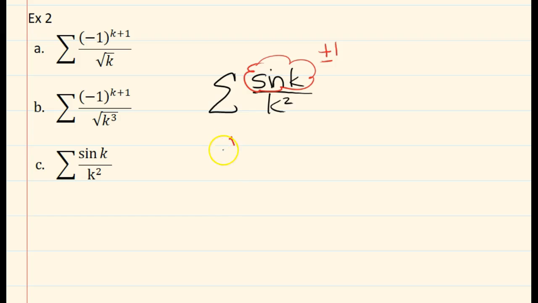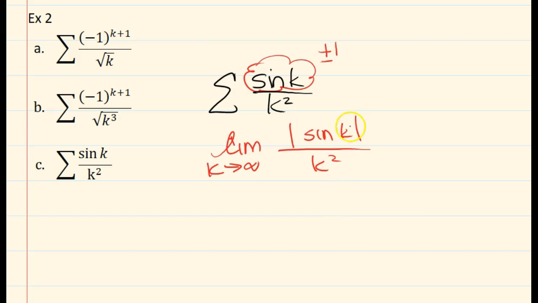So we're going to take the limit as k goes to infinity of the absolute value of sine of k over k squared. Notice what I said: the number on top is going to be some number between -1 and 1, and the one at the bottom is going to be infinity, so that equals 0. So our test is inconclusive.